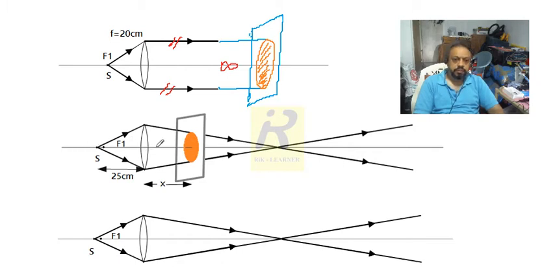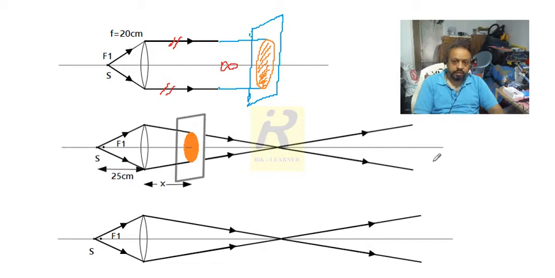In this situation, this boundary is illustrating the screen. The light from the source enters the lens and converges. This is a converging lens, so the light bends towards the principal axis, and the light ray will go like this.